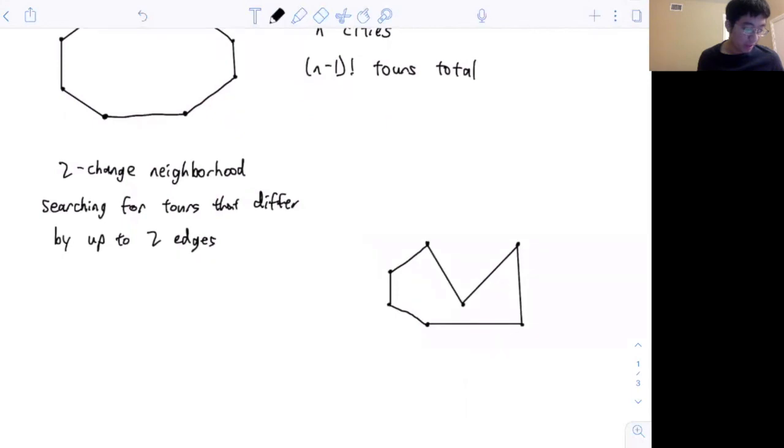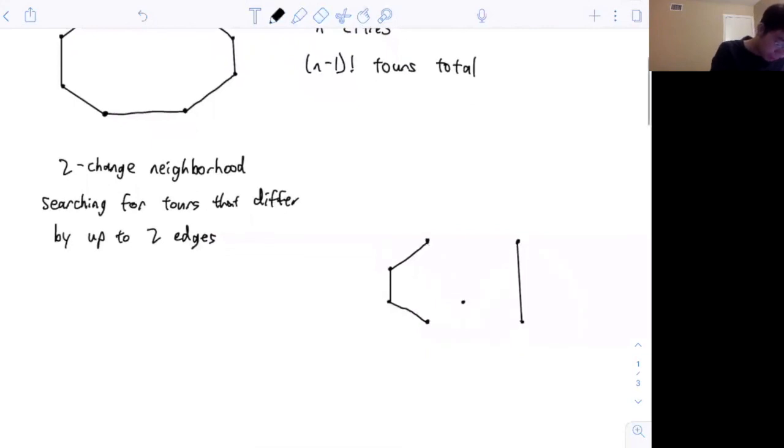But now we're a little bit stuck. What we would love to do is take these three edges and replace them like this, so that we have an optimal solution, but we can't really do that because it's not within our two-change neighborhood.